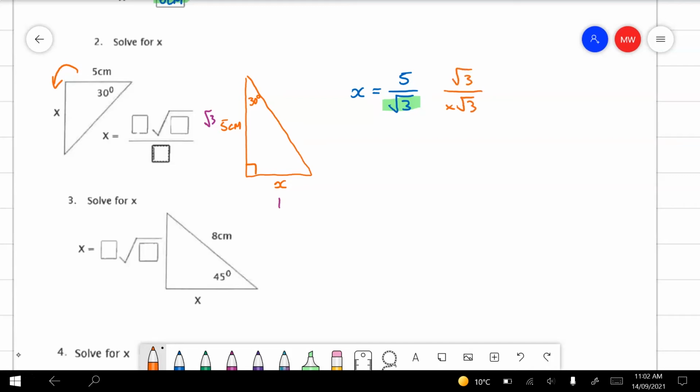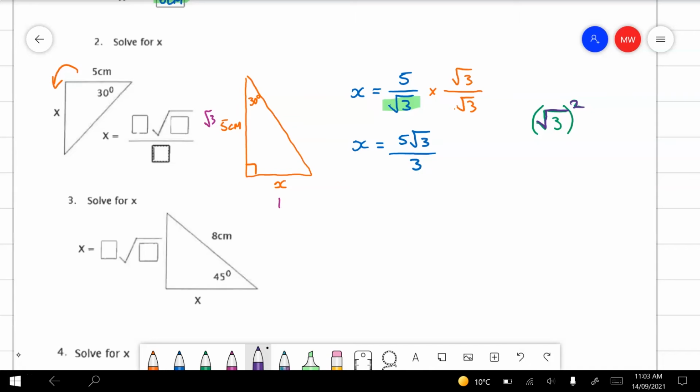So let's times the whole lot by root 3 on root 3, and then we'll end up with x equals 5 times root 3, which is 5 root 3, and root 3 times root 3 is 3. Just as a side note, root 3 times root 3, the square root eliminates one another, which is why I get this answer 3 here.